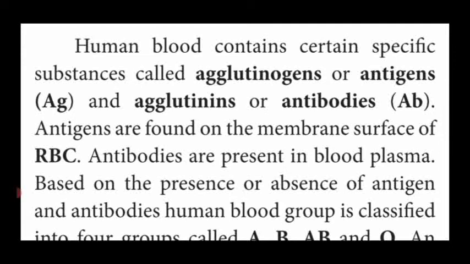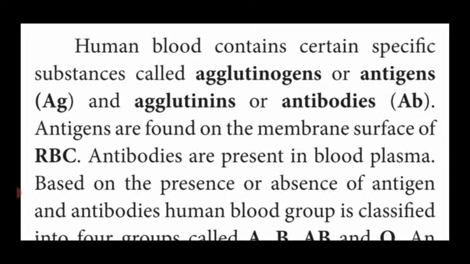Antigens and antibodies are present in our blood group. Antigens are known as agglutinogens, symbolized as Ag. Antibodies, symbolized as Ab, are otherwise known as agglutinins. These two substances are present in our blood group.